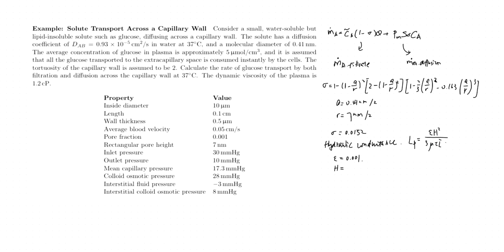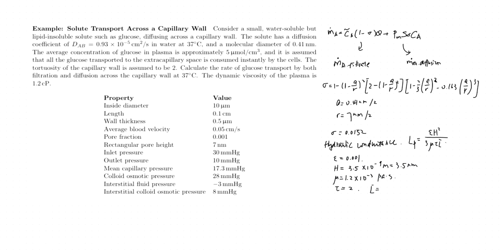So now the pore height is 7 nanometers, so H itself is 3.5 times 10 to the minus 9 meter. And it's 3.5 nanometer. And then we have mu. Mu is 1.2 times 10 to the minus 3 Pascal second. The tortuosity is 2. And the L bar is the membrane thickness.